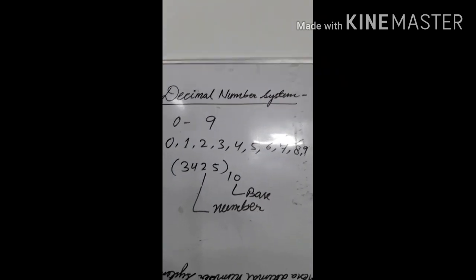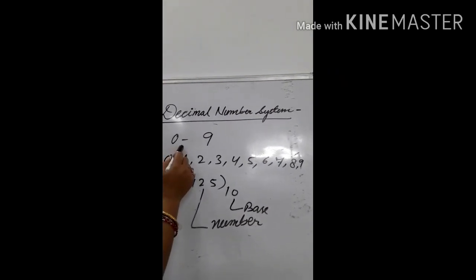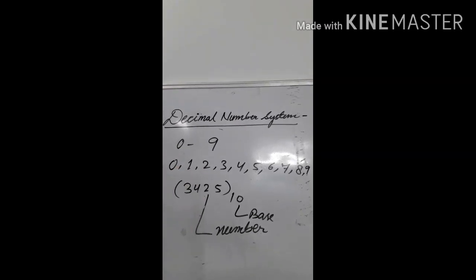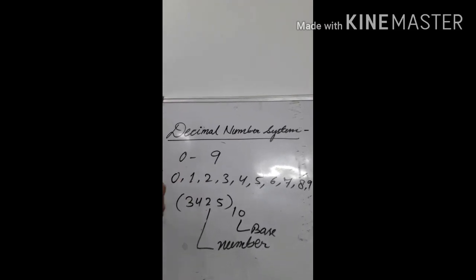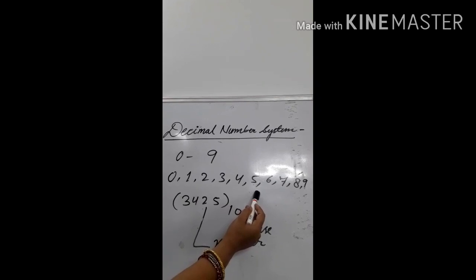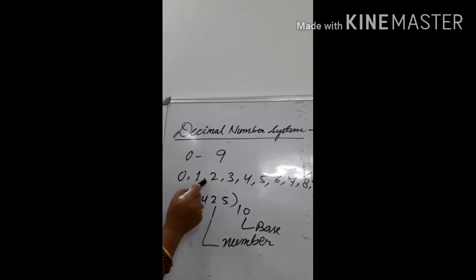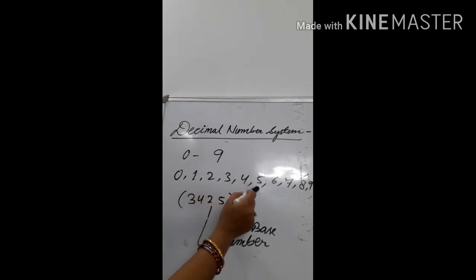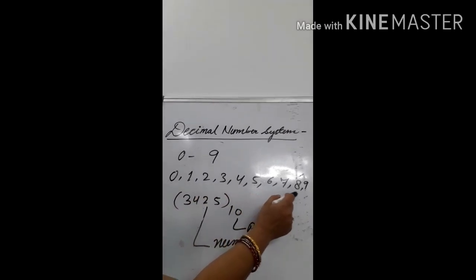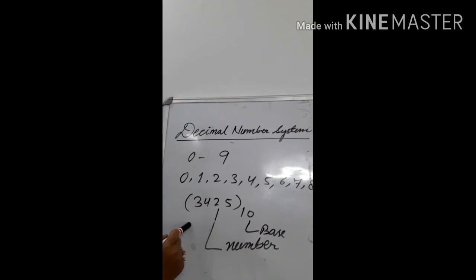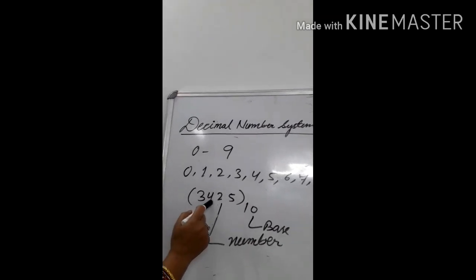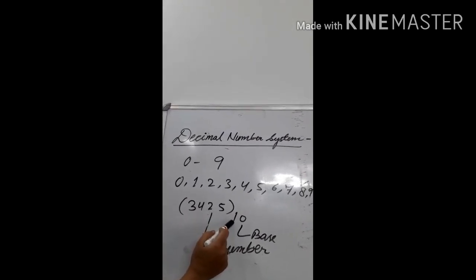Now, let us discuss decimal number system. A decimal number system uses all the digits from 0 to 9. These are the numbers used by all of us in daily life: 0, 1, 2, 3, 4, 5, 6, 7, 8 and 9. For example, 3425 base 10.